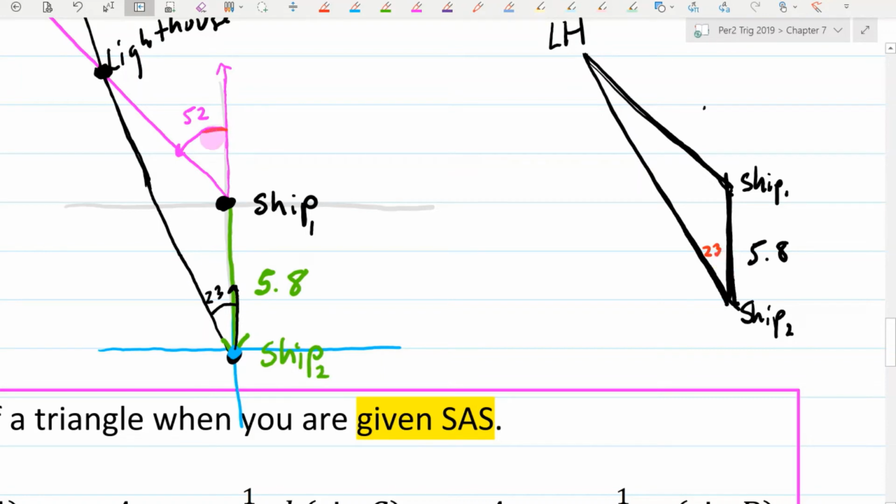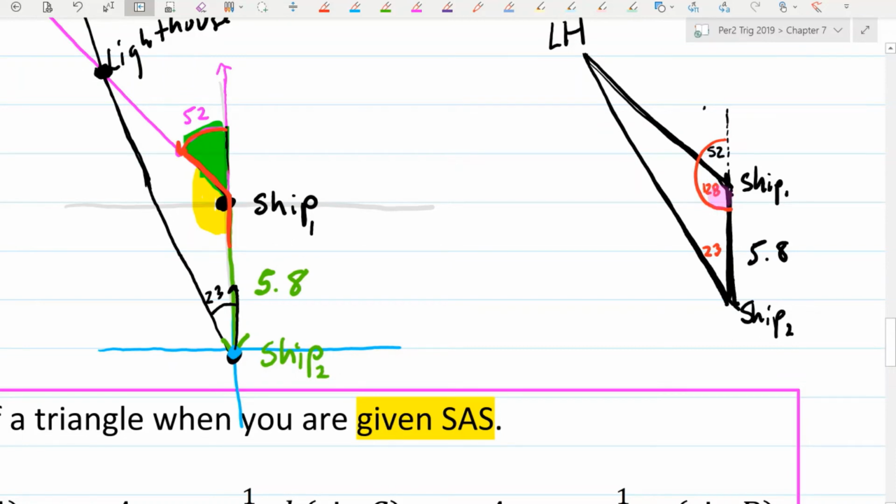I know that this angle here is 52, which means that if this is a straight angle here, which it is, and if this part of it is 52, then the angle on the inside would be whatever's left of 180, because that's 180 degrees from here to here. So that angle has to be 128.